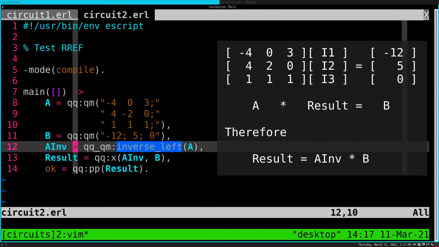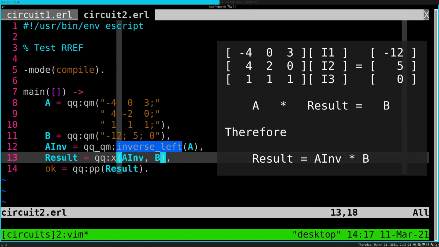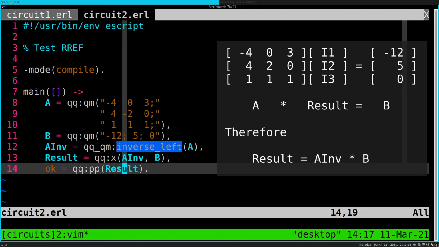A inverse is equal to the left inverse. If the matrix is invertible, its left and right inverses are the same, but because of the way it's programmed, I make you pick whether you want the left or right inverse. The result is equal to X means multiply A inverse times B, and then pretty print the result.